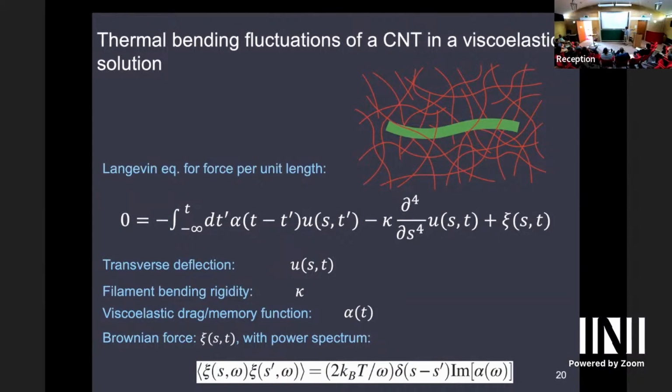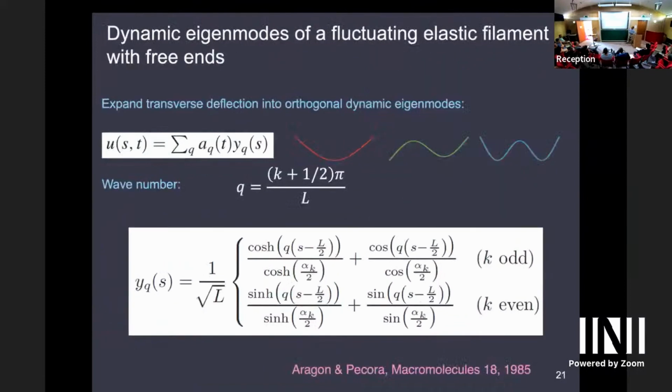That's the Langevin equation, or equation of motion in the time domain. These are the definitions. Now we have to evaluate that for these filaments. So the first thing we do is expand the filament shape into dynamic eigenmodes.